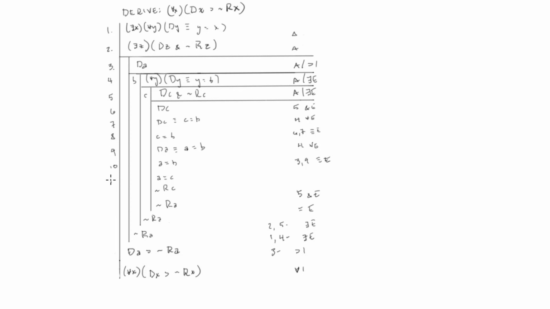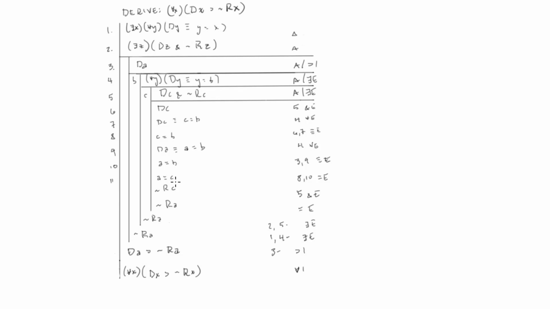Line 11, we're there. That is from lines 8 and 10, identity elimination. Some of you may be bored by this, but I'm going to go ahead and do it. Line 11 comes from 8 and 10. 10 is the context for substitution. So we're taking A = B, taking the B out and putting a C in.